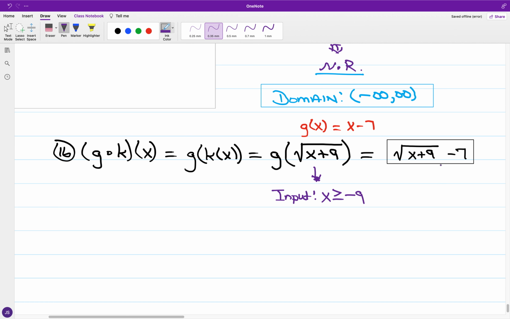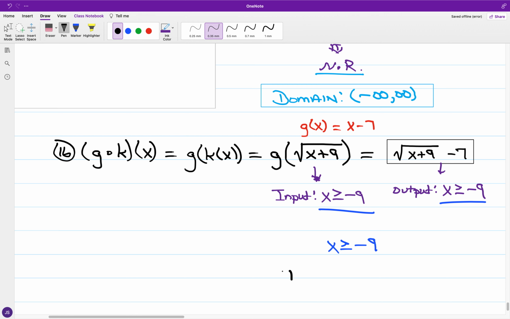So for the final output, again, we have x is greater than or equal to -9. So between the input and the output, the only restriction is that x is greater than or equal to -9.